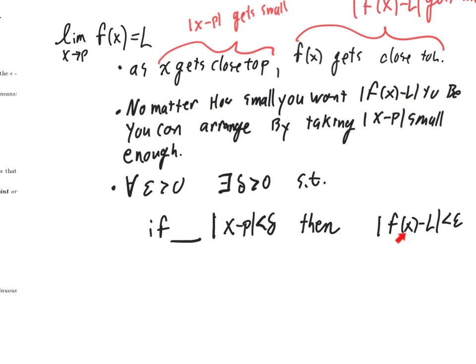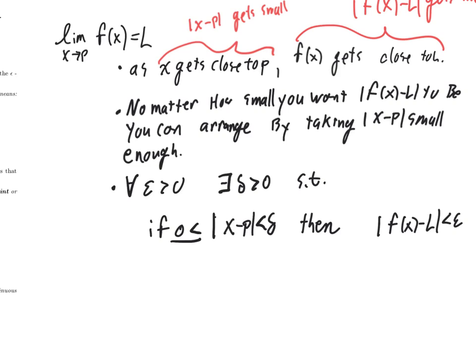For every epsilon, so that means f of p should just be equal to L. So in order to allow for this idea that the limit shouldn't care about what the actual value at p is, I'll do that. So that automatically, in the hypothesis of this if-then, excludes the case x is equal to p. And so now I don't care about what happens when x is equal to p.